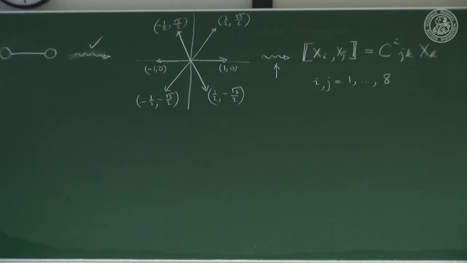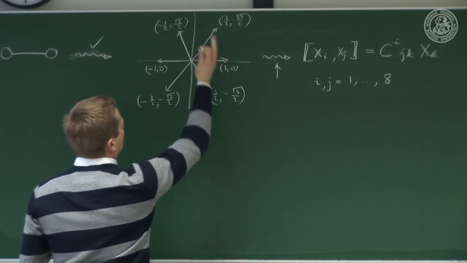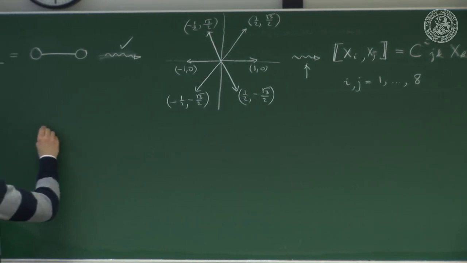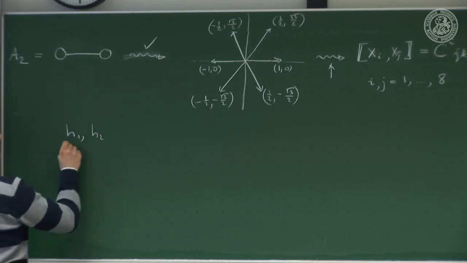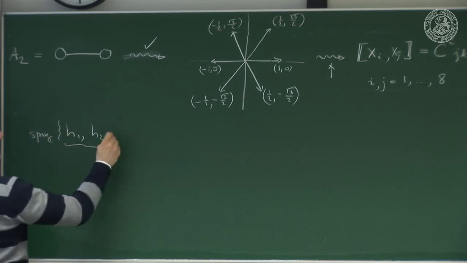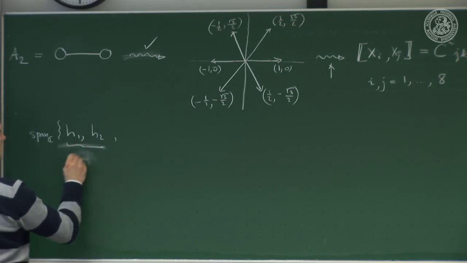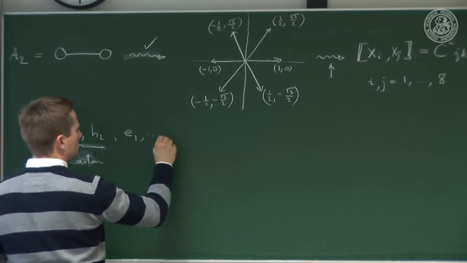Well, one thing we know is this is by construction a simple Lie algebra. We already identified the Cartan subalgebra. It's the one spanned by these two fundamental roots, or where all these roots lie. And so what we definitely know is that we have two of the basis vectors, h1 and h2. They constitute the Cartan subalgebra. So if you write here the span over C, then we have here the Cartan subalgebra spanned. And then we have E1 to E6.